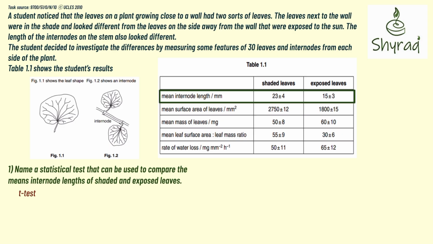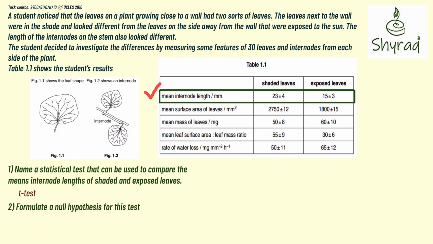Table 1.1 has the data for different plant features, but we're not interested in all of them. We're interested only in row 1. Carrying out a t-test begins with formulating a null hypothesis for the test.